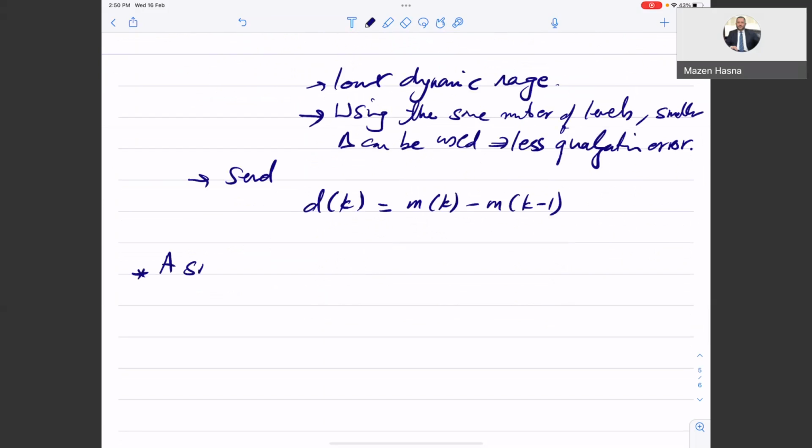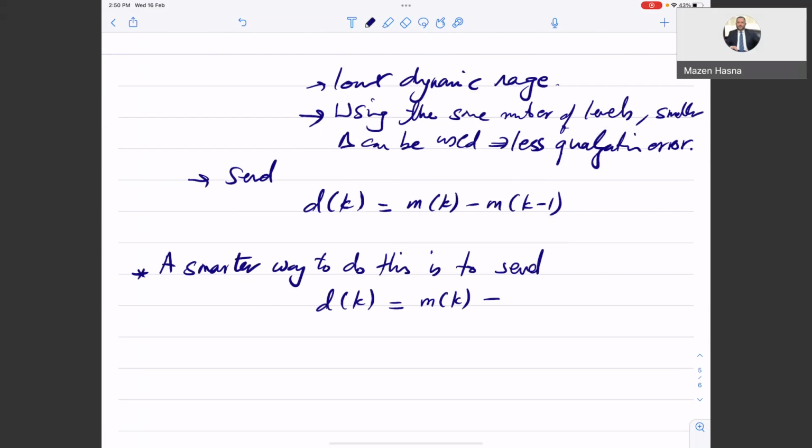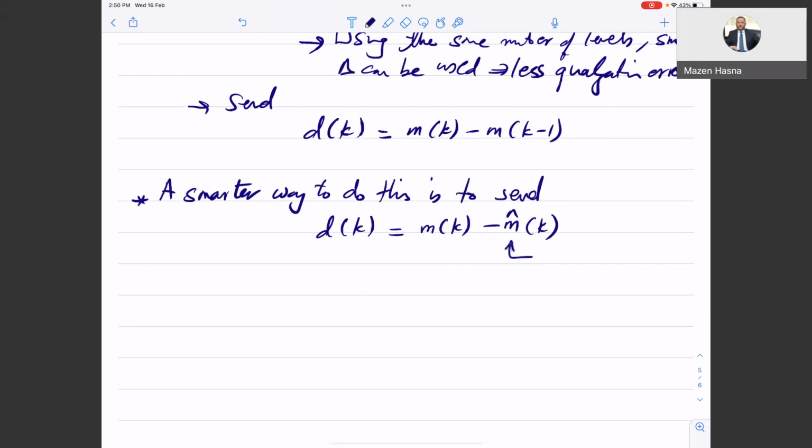So a smarter way to do this, if your estimator is good, is to send dk, which is mk minus m hat k, where m hat is an estimate of mk based on previous samples.